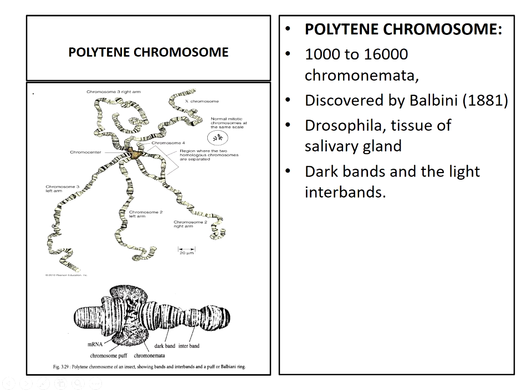In the diagram there will be the presence of a dark band and also a light interband. The dark band contains more DNA and less RNA, whereas the interband is rich in RNA and poor in DNA. So the amount of DNA varies from a dark band to a light interband.